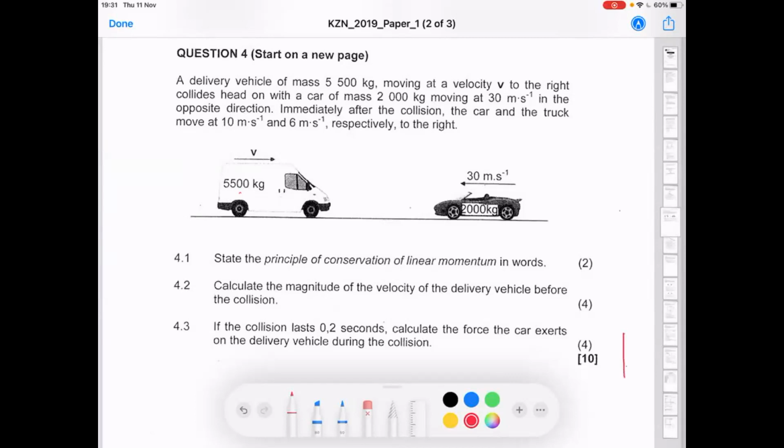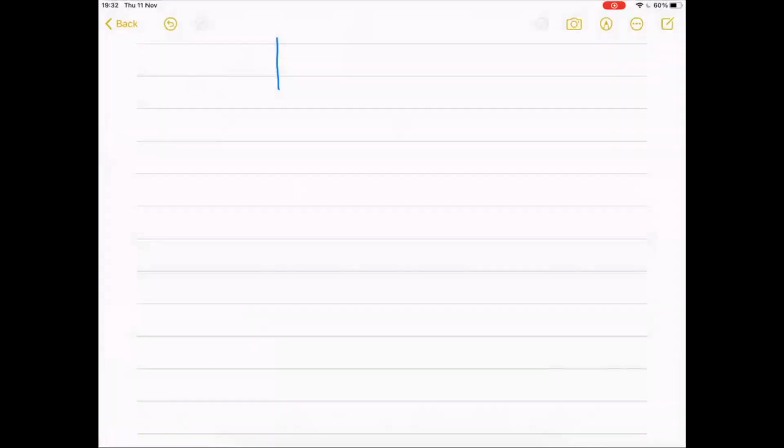Okay, calculate the magnitude of the velocity of the delivery vehicle before the collision. Okay, so what is V? So we know how to do this. This is question 4.1. Let's take to the right to be positive.